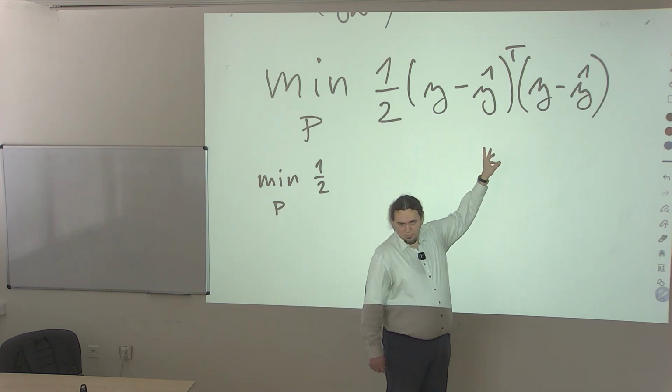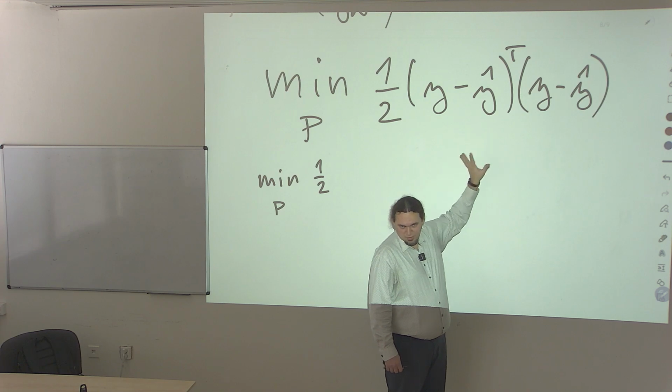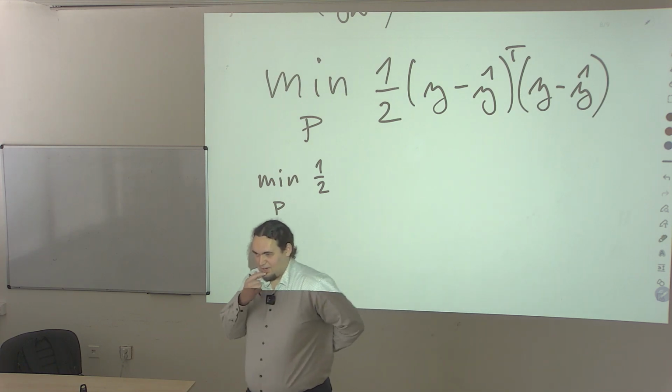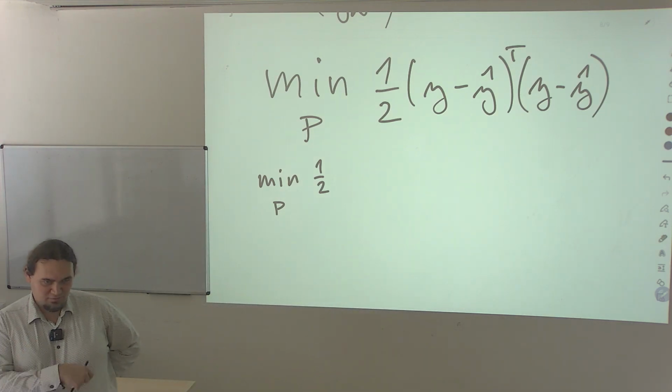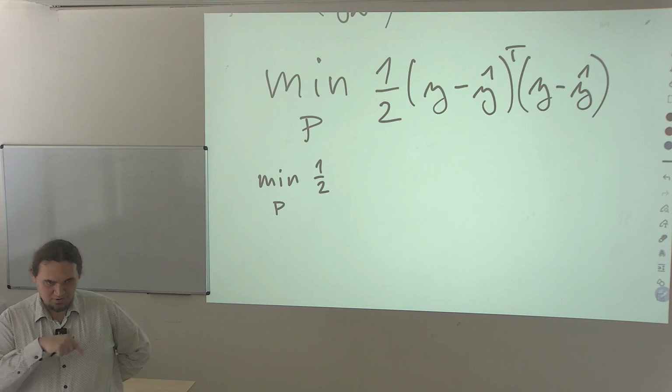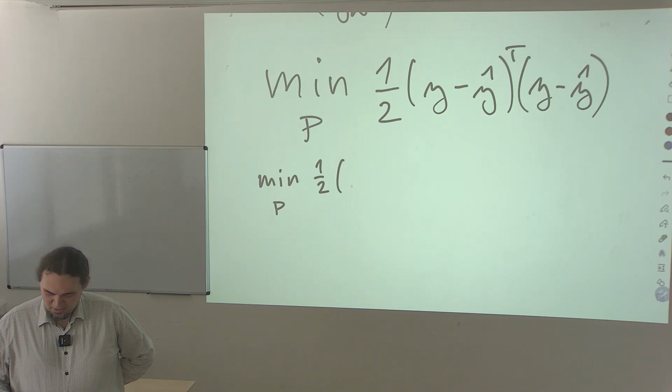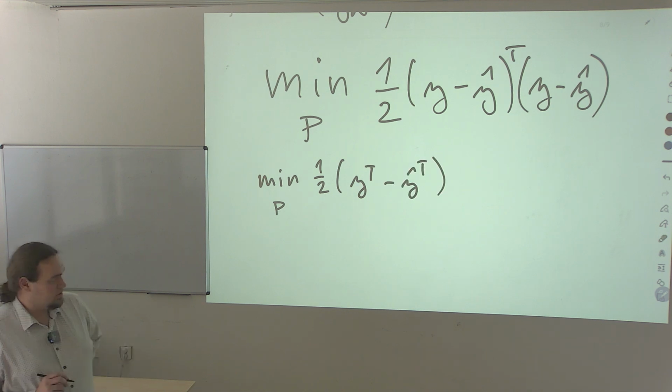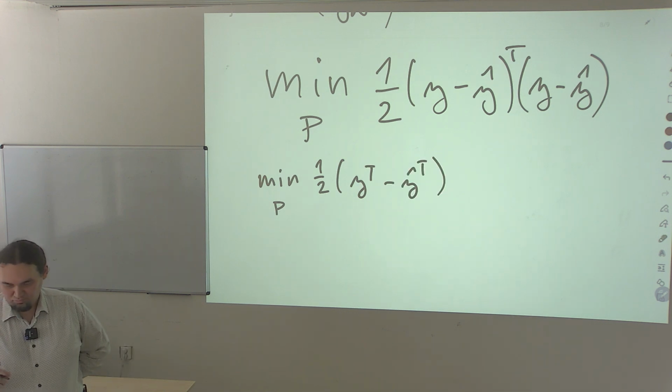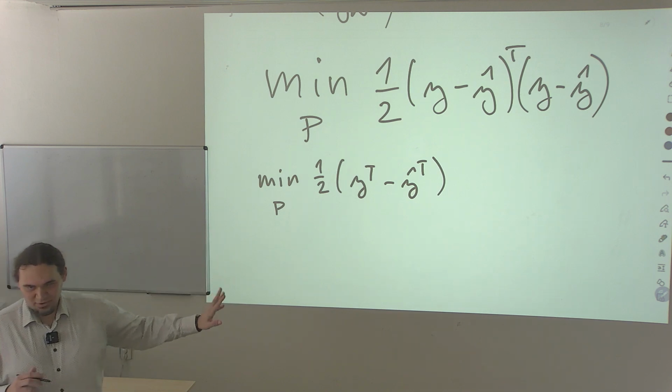Well, if we have the transpose of the first bracket, we can transfer this transpose onto the corresponding vectors, right? So if I write something like this, that represents the first bracket.